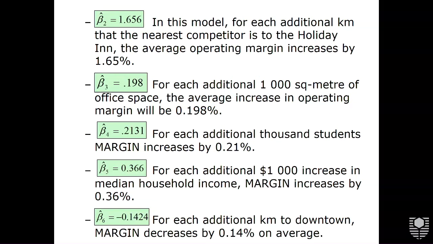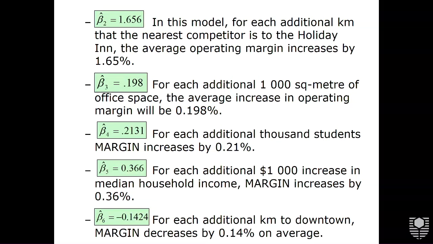And so on and so forth for all the variables. So for each additional 1,000 students, measured in 1,000s, guys, right? It equals a 21% increase in the margin.